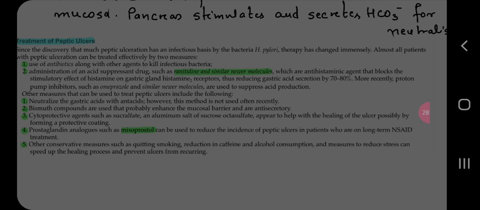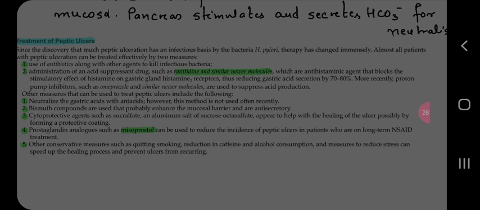Cytoprotective agents such as sucralfate, an aluminum salt of sucrose octasulfate, appear to help with the healing of ulcers, probably by forming a protective coating. Prostaglandin analogs such as misoprostol can be used to reduce the incidence of peptic ulcers in patients on long-term NSAID treatment.